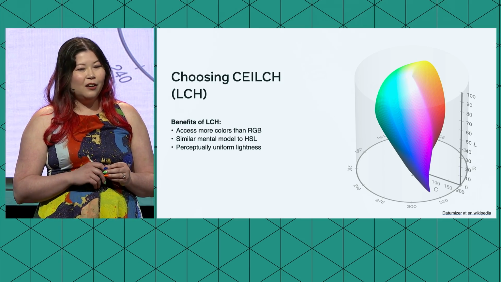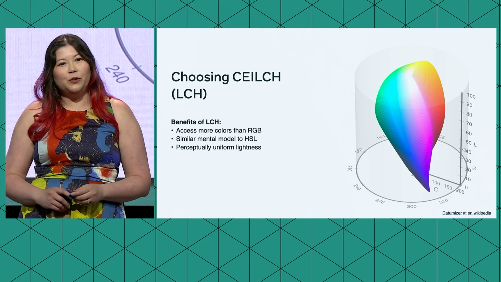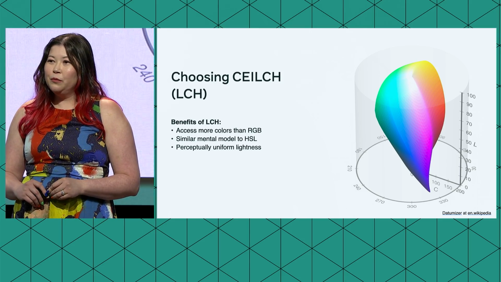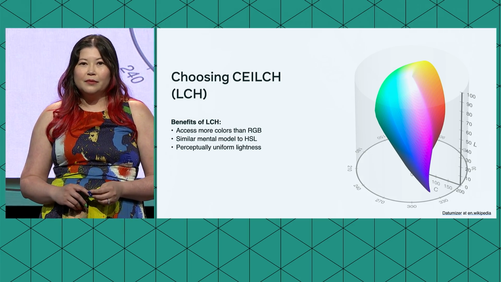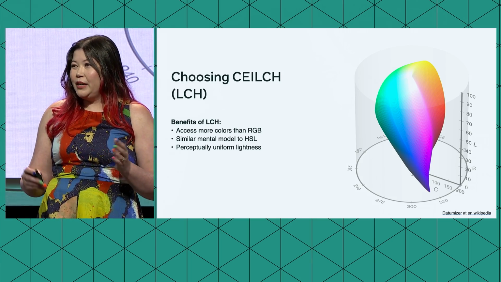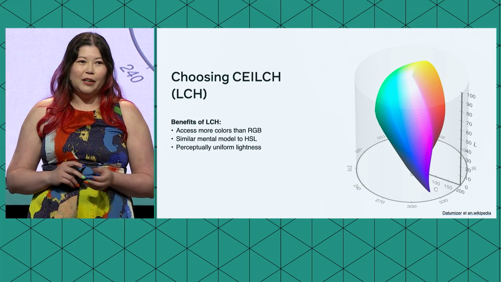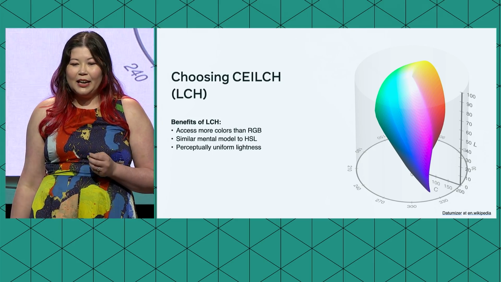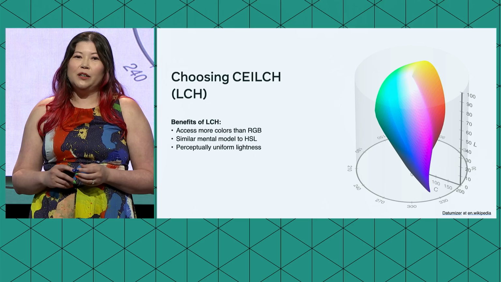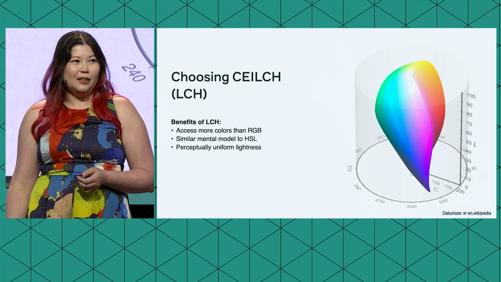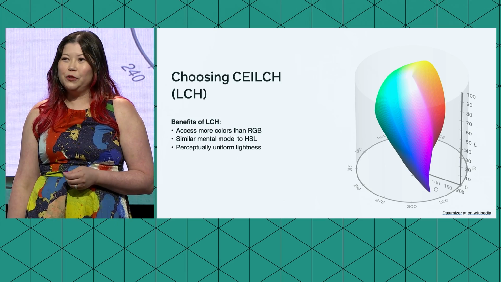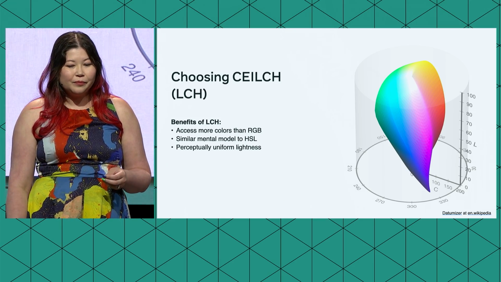I decided on CIELCH, or LCH for short, because the way it was able to mirror a lot of similar concepts as HSL. In hue, we have a slight difference between HSL and LCH. It also had chroma, which is kind of similar to saturation, and it also had lightness, which is where that perceptual uniformity is mostly applied.